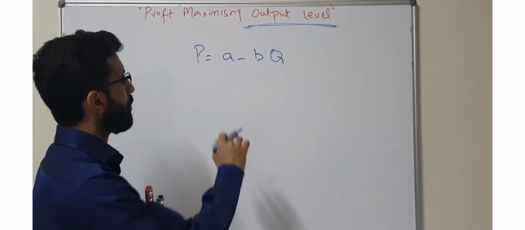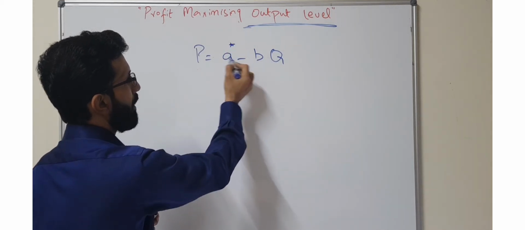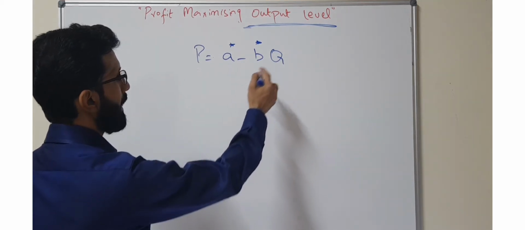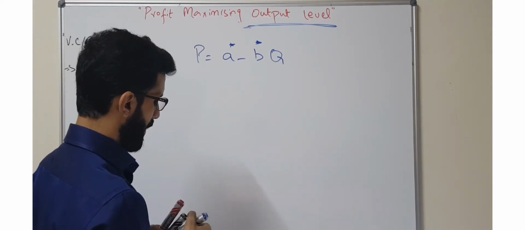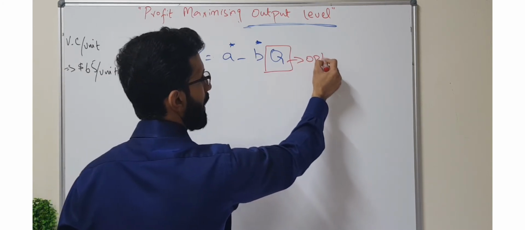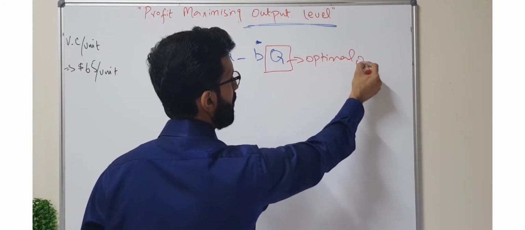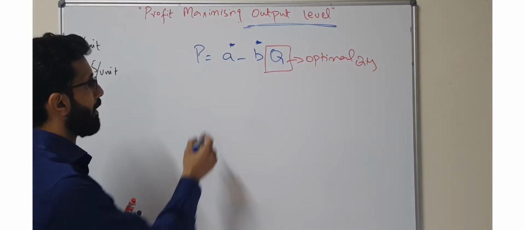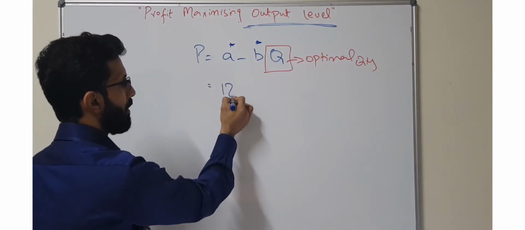We have already determined our variables A and B, and we have already determined our optimal quantity as well in the previous example. This optimal quantity which we calculated earlier will be used here in order to determine the optimal selling price.